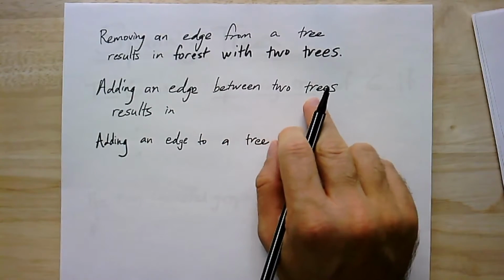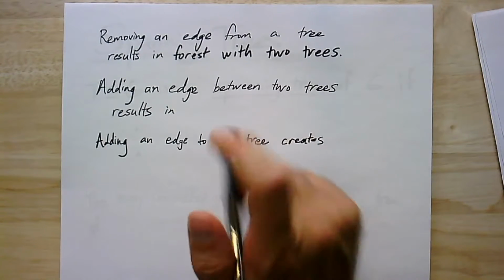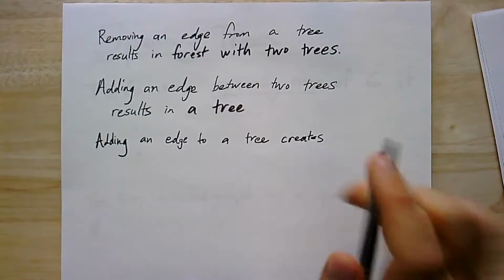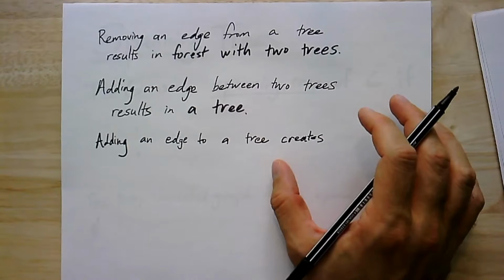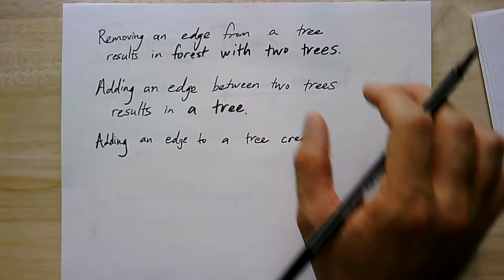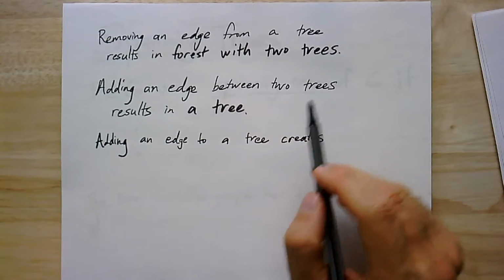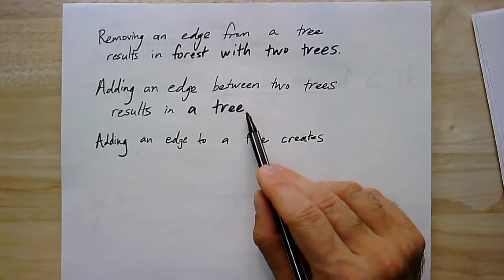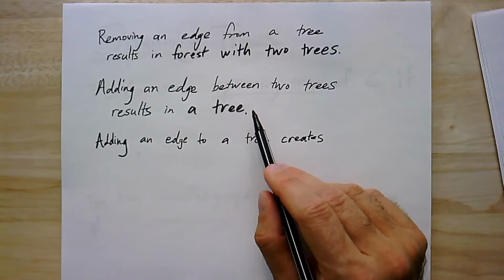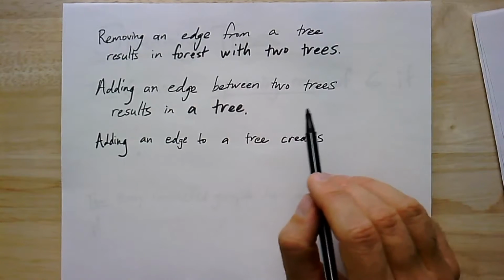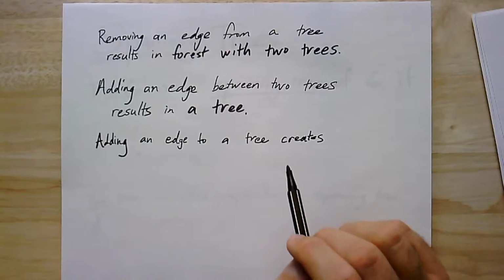If you add an edge between 2 trees, well, then you get a tree. Right, so trees could be constructed in this way by adding one edge between any 2 vertices, one in one tree and one in the other. And you might want to think a little bit about this and convince yourself that it didn't matter what vertex I choose from each tree. If I add any edge, I'll still get a tree.